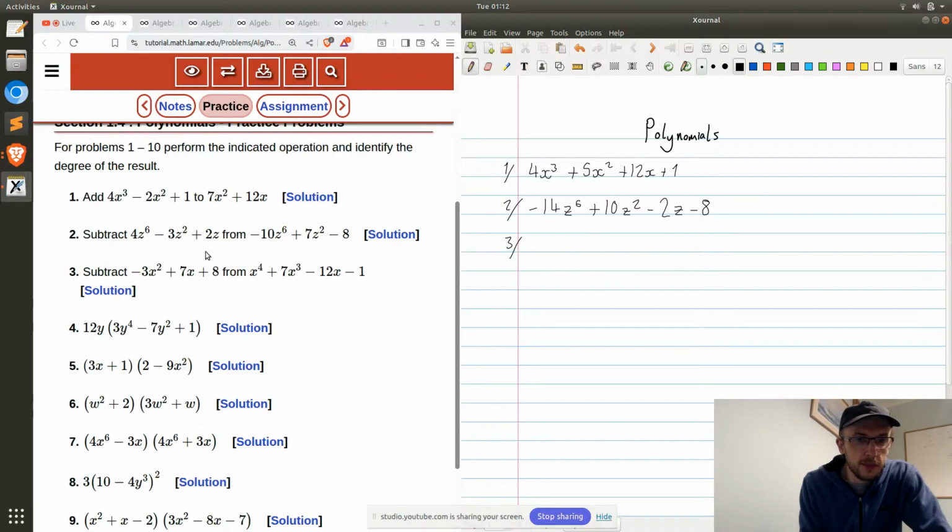Next up, subtract this polynomial from this one in descending powers of x.